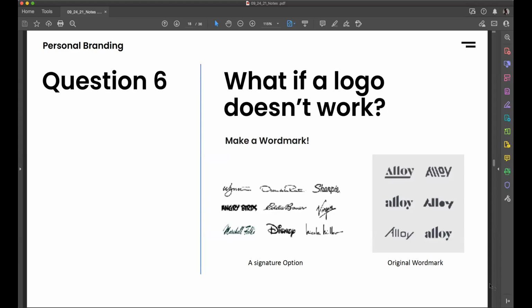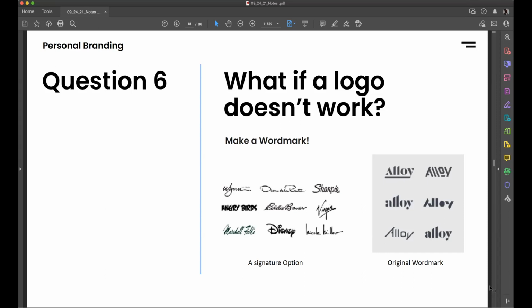So a signature logo could be another option where it's something unique about your hand lettering, or something original and a unique way of putting your logo together, your name together, that represents all of these cool things, okay? So I don't want you to think the default is that you have to have this logo that is a mark, that is an emblem. It can just be your name.